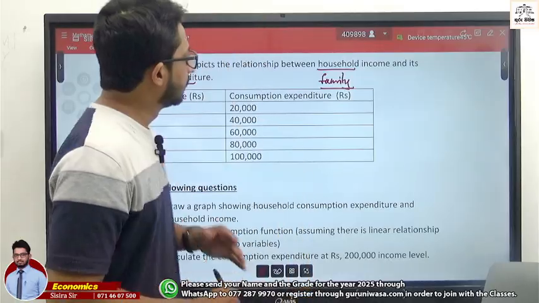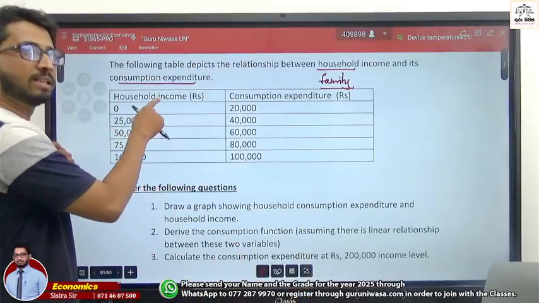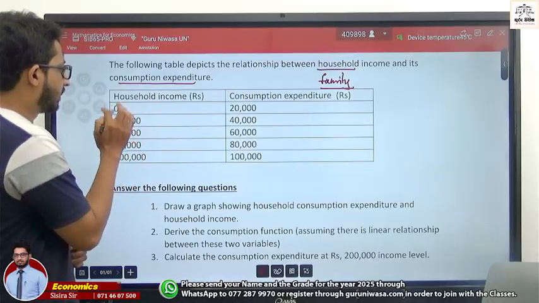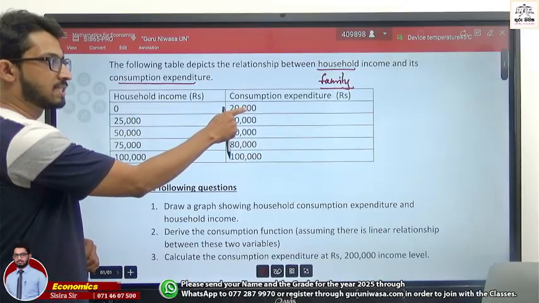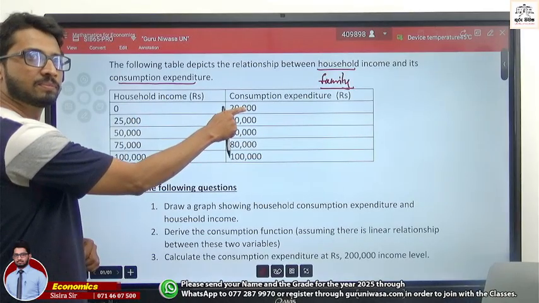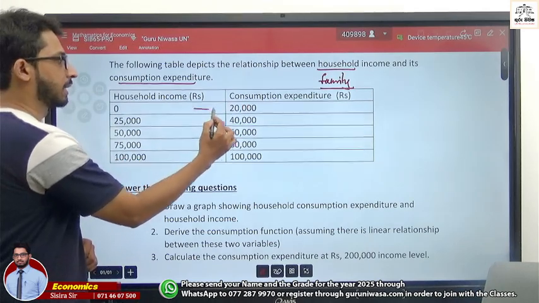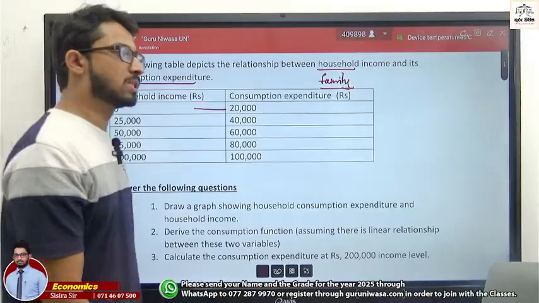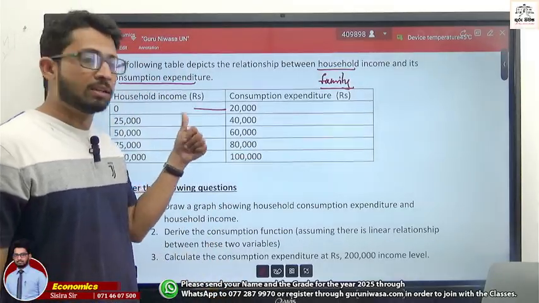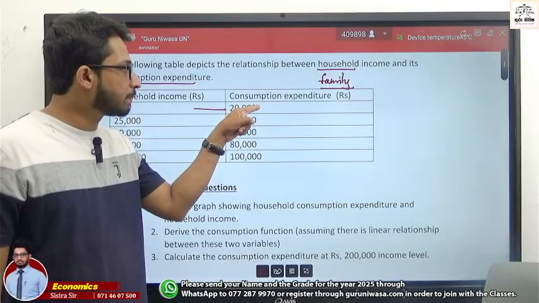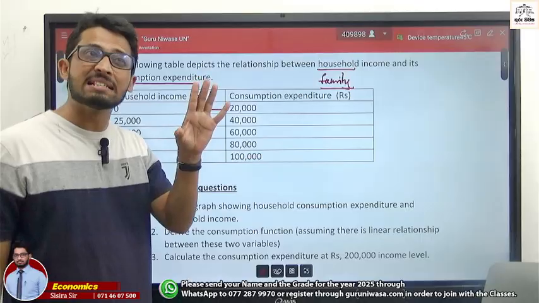Remember, look at this: when household income is 0, how much is the consumption? 20,000. What does it mean? At 0 income level, a household has to spend 20,000 to buy basic things.